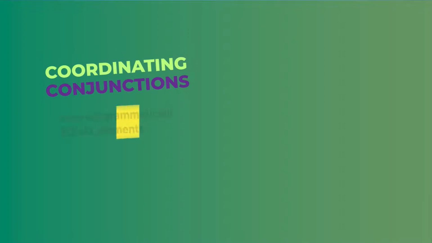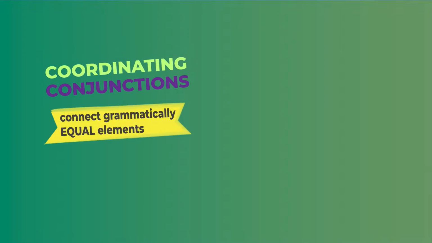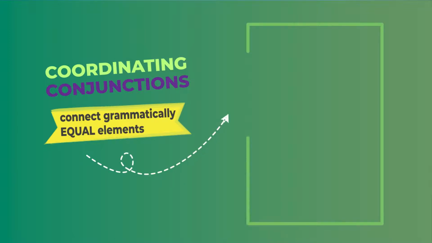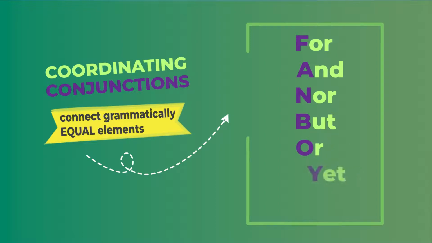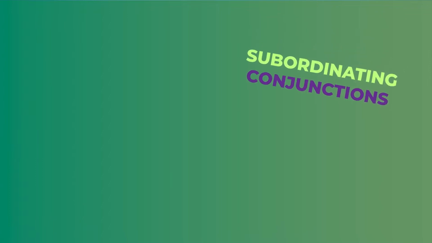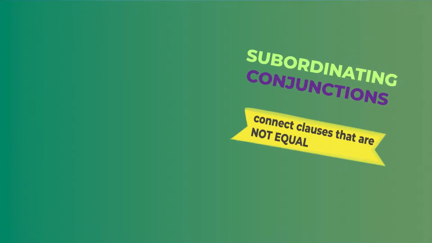Coordinating conjunctions connect grammatically equal elements. They are the fanboys, as in for, and, nor, but, or, yet, and so. Subordinating conjunctions connect clauses that are not equal.